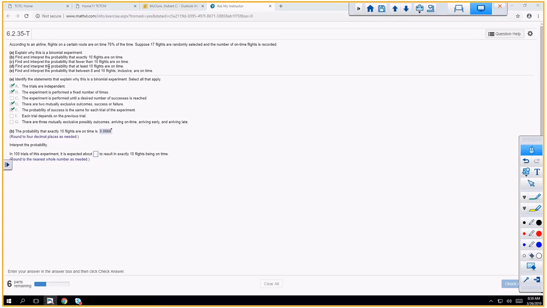So you just have to read the sentence. What does it say? Find and interpret the probability of exactly 10. What does exactly 10 mean? That means x equals 10. So type in n, p, x: 10. You're going to use your normal CDF or PDF, one of those two. I think it's PDF. I mean binomial PDF.